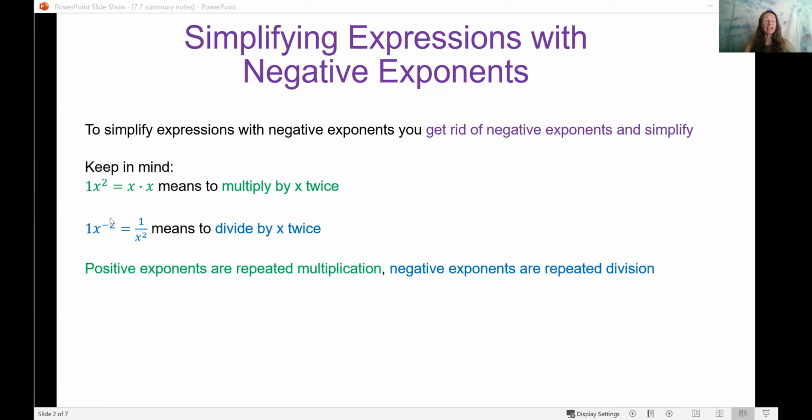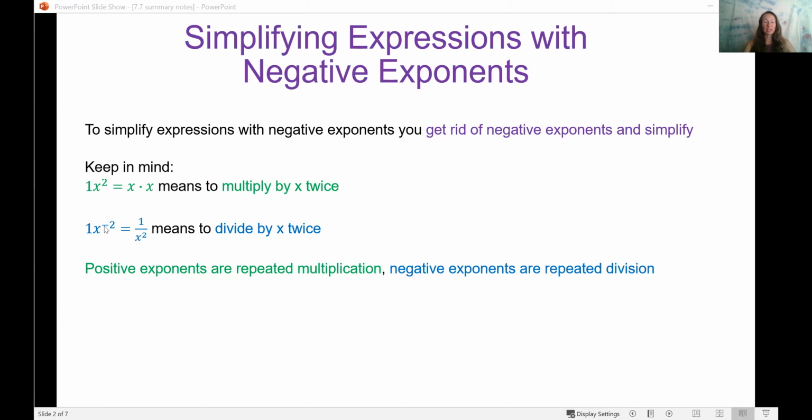Well, when we get to negative exponents, the negative basically means the opposite. So if we have x to the negative 2, instead of multiplying by x twice, we'll divide by x twice. So to divide by x twice, that's basically like multiplying by 1 over x squared, okay?